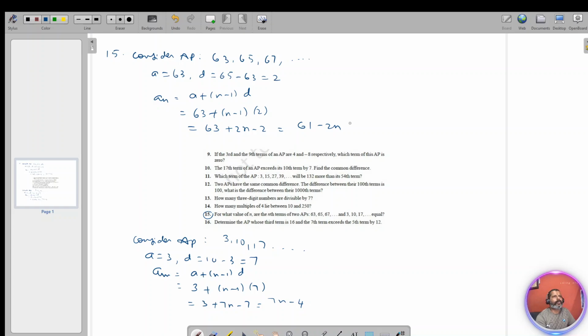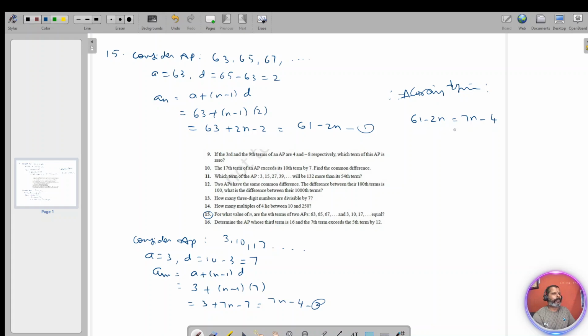You call these two as 1 and 2, because what they have asked is for what value of N these two APs are equal. Then that means we have to equate them to get the value of N. Therefore, according to given, 61 minus 2N is equal to 7N minus 4.